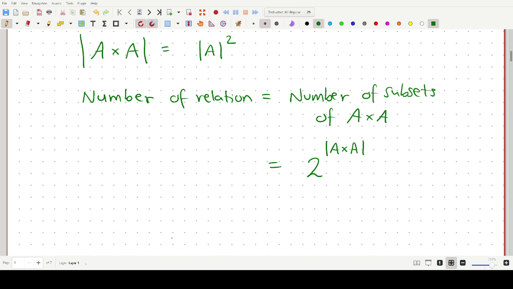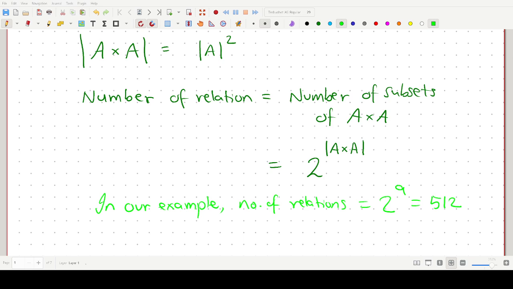So in our example, the number of relations is equal to 2 raised to the power 9, and that would be 512. You see the humongous number of relations that can be defined over the set that we have chosen, having just 3 elements.